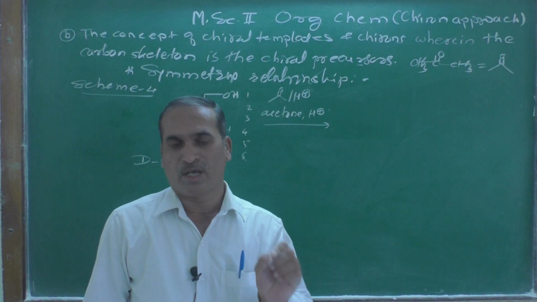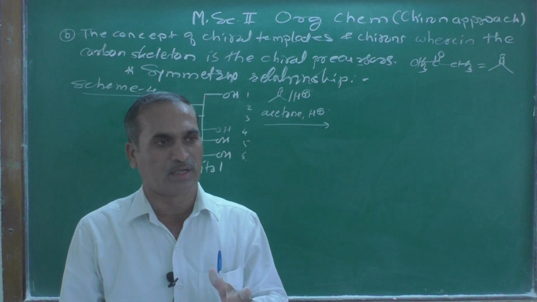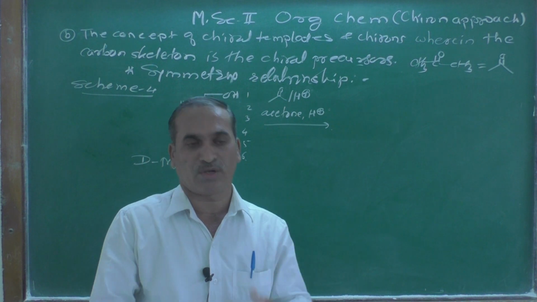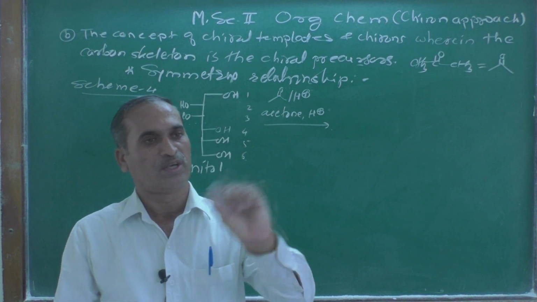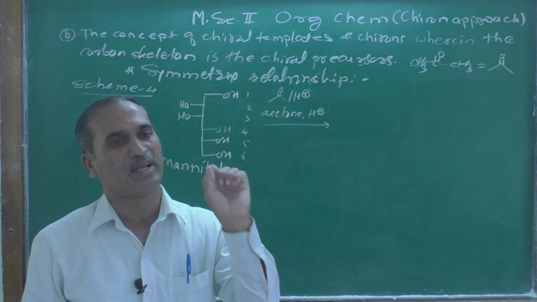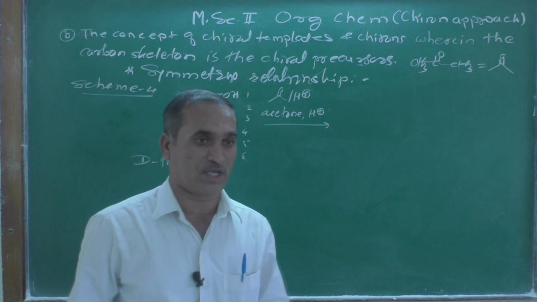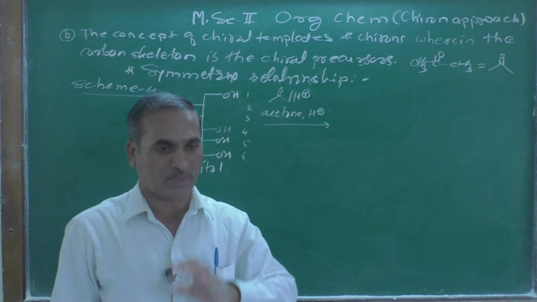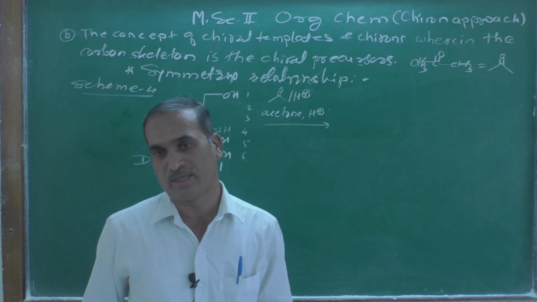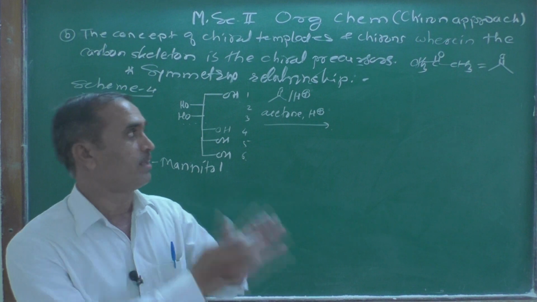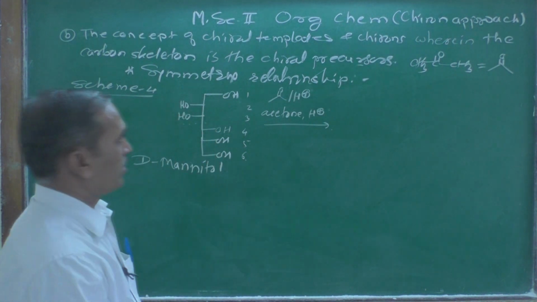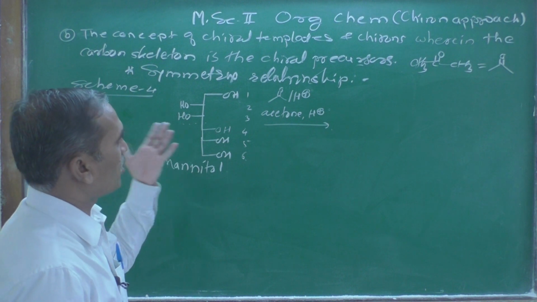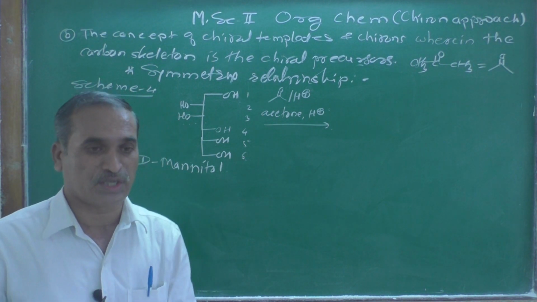It is quick, it saves time, and the representation of complex molecules looks very simple and realistic, and that's why this methodology is always followed by organic chemists while representing organic compounds. So this is acetone, and we know that it is a solvent.